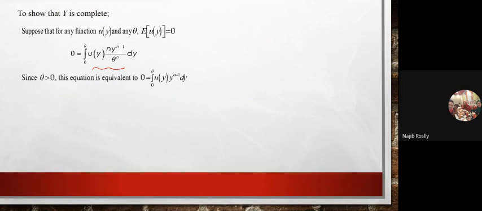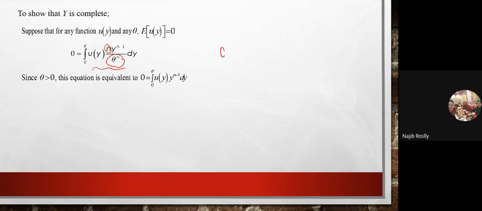Since theta is greater than 0, this is equivalent to u(y) y^(n-1). The value that does not depend on y is theta to the power n, and also n.